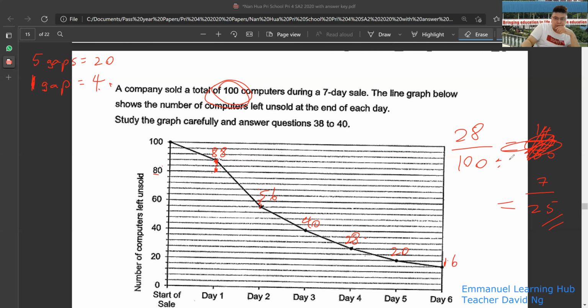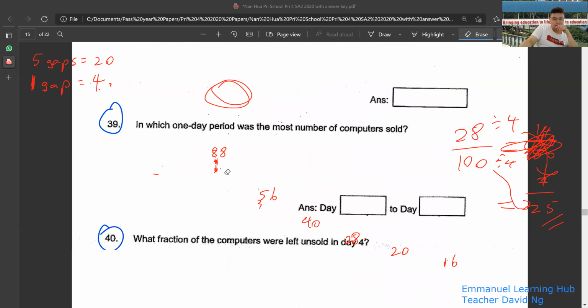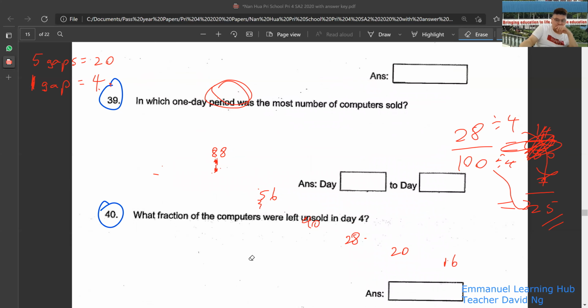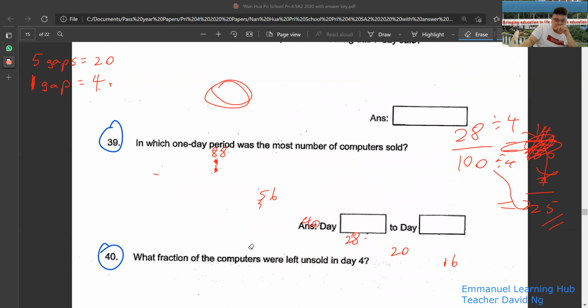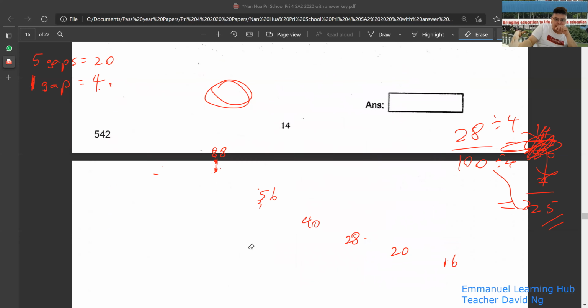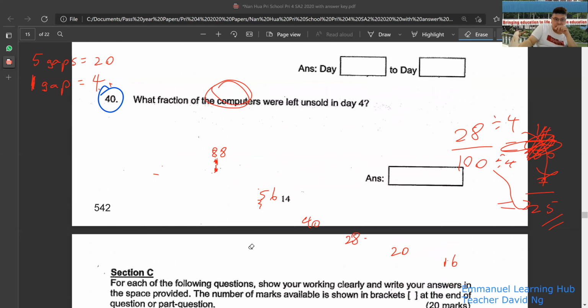You divide by 4 to get 7. Divide by 4 to get 25. So what fraction is the answer? 7 over 25. You got it already, yeah? Yeah.